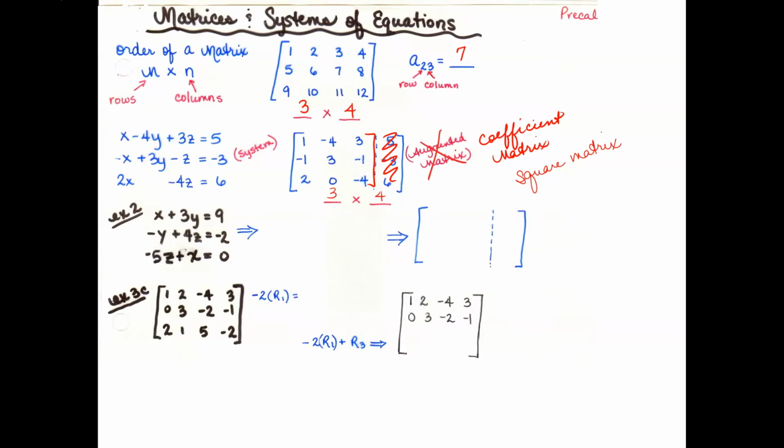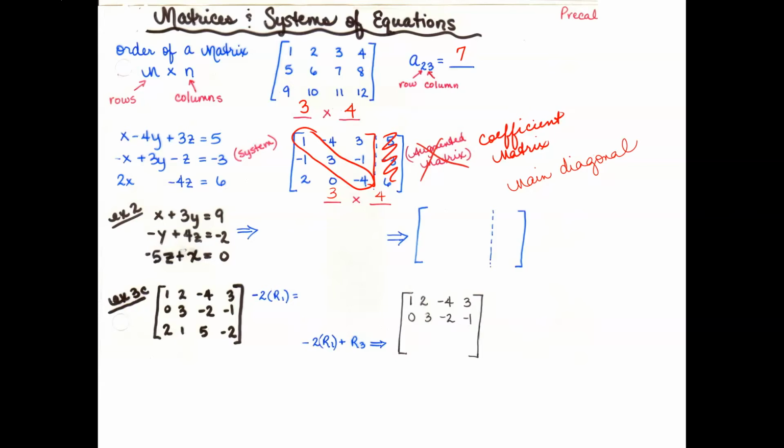Also remember your main diagonal, which goes from first row, first column to last row, last column. So 1, 3, -4 would be in my main diagonal. That's just some terminology that they will use moving forward with our matrices.